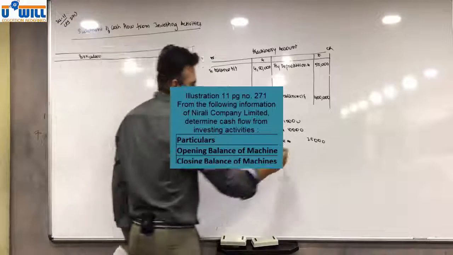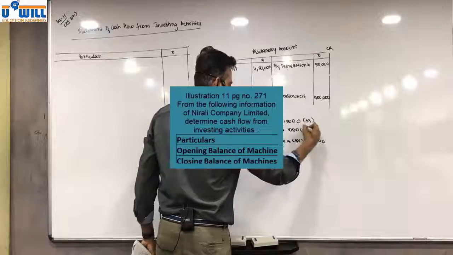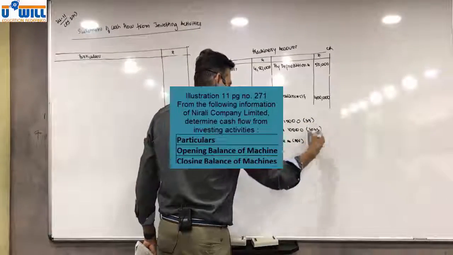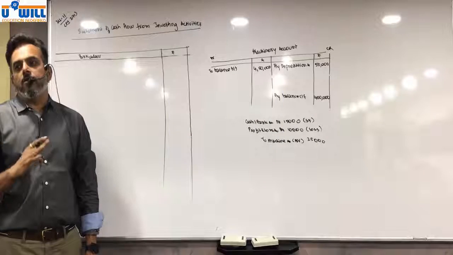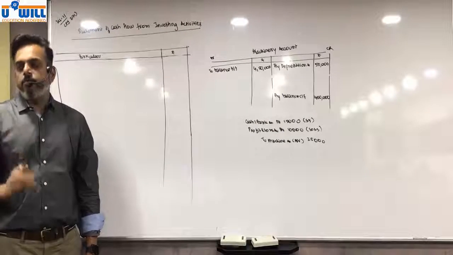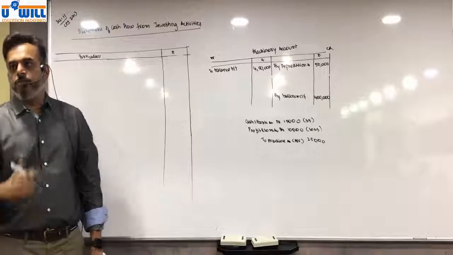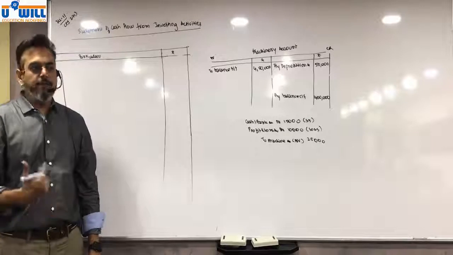You may write in bracket, this is the book value, this is the sales value, and this is the loss. Whenever you are stuck anywhere in accounts, make a journal entry. That's the key. If something new comes in the exam, in the future in your accounts exams always make a journal entry, then life will become easier.